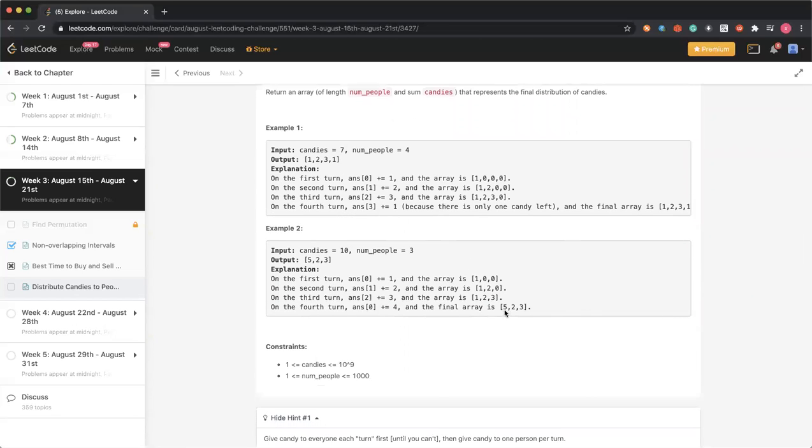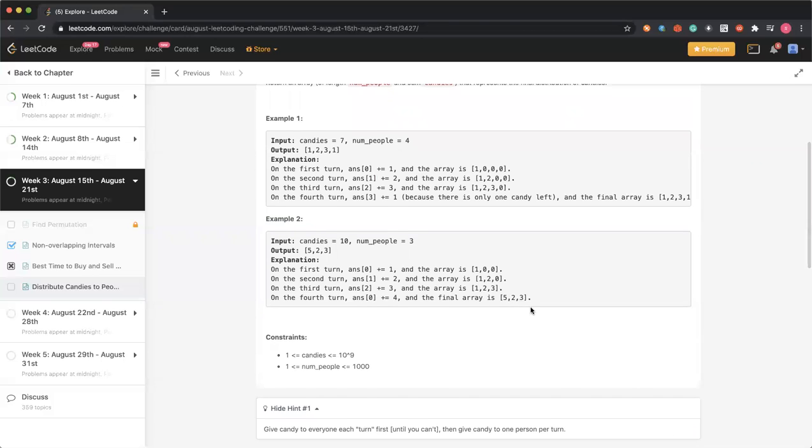The total number of people is 3, so he will be getting 3 plus 1, 4. Previously he had 1 candy, and now he'll be getting 4, so 1 plus 4 is 5. Now all the candies are finished, so we return 5, 2, 3.